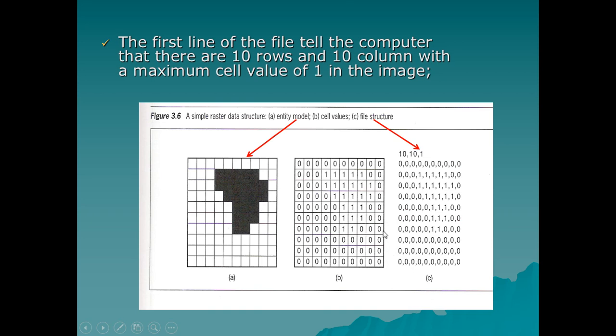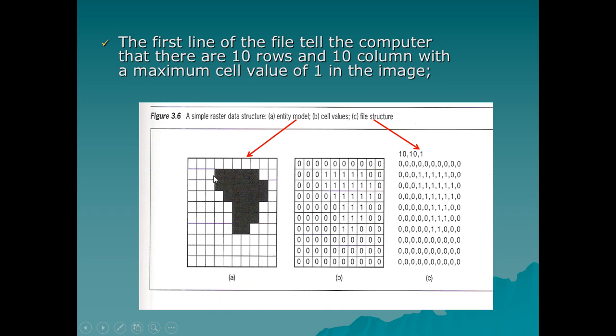Here we see how the computer would encode it, how the computer will store that information. So I want you to follow with me. The first row, so we know that the raster data layer is made up of a series of rows and columns. If we look at the first row here, we see that there's nothing there. So in the data structure, you can see zeros have been applied to that entire row.